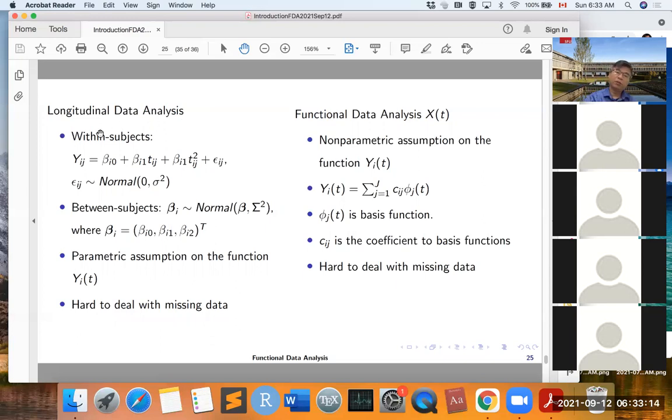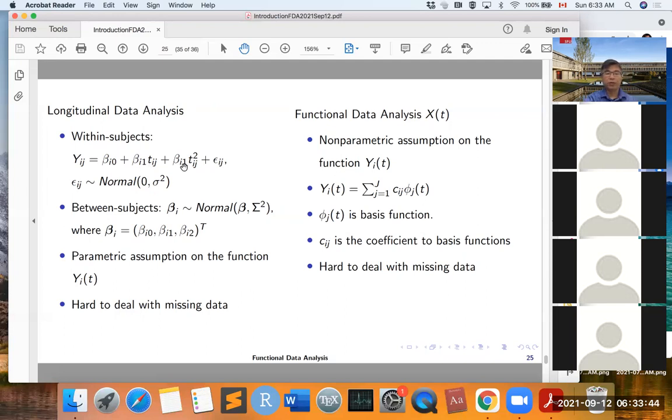In terms of the models, here I list a typical model in longitudinal data. Suppose we have variable yij, where i is the index for the subject and j the index for the time. We can write down yij as a quadratic function of time, with coefficients beta i0, beta i1, beta i2.